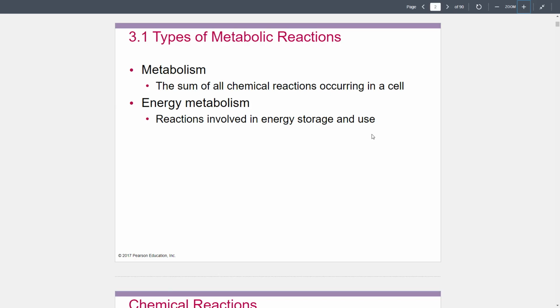It's what you break down and what you build. And essentially all energy metabolism is going to mean is energy being stored and energy being used. So making energy particles, whether it's for short or long-term storage, ATP versus a triglyceride, or actually using that energy.